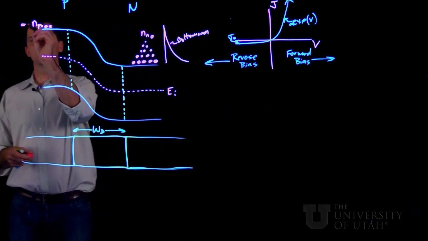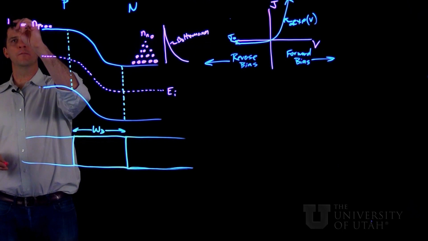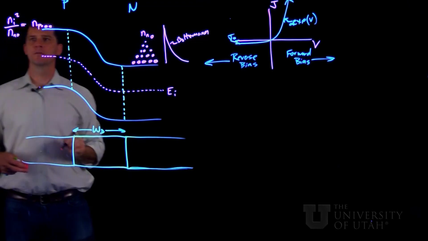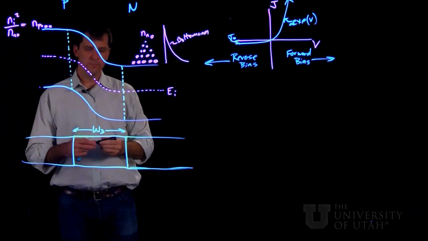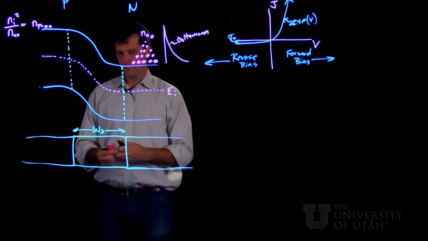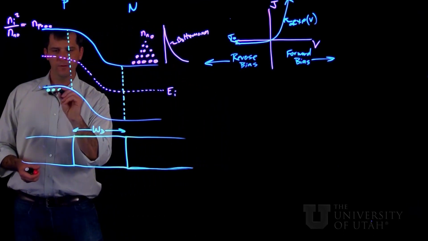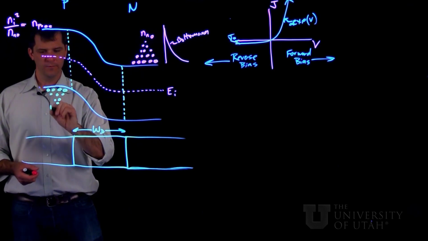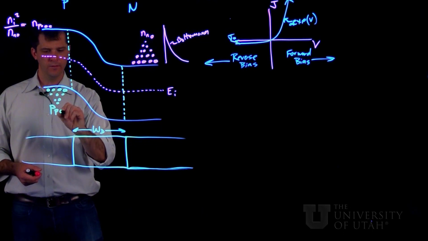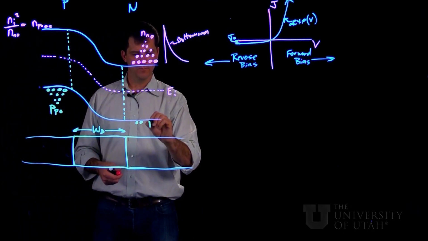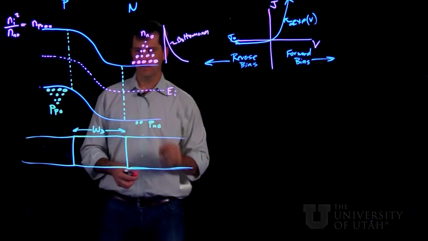So of course, this one is given by Ni squared over N naught. Okay, so similarly for the holes, we could see that there's a large number of holes here distributed in energy, and this we call P naught, and then a small number of minority holes, which we call P N naught.